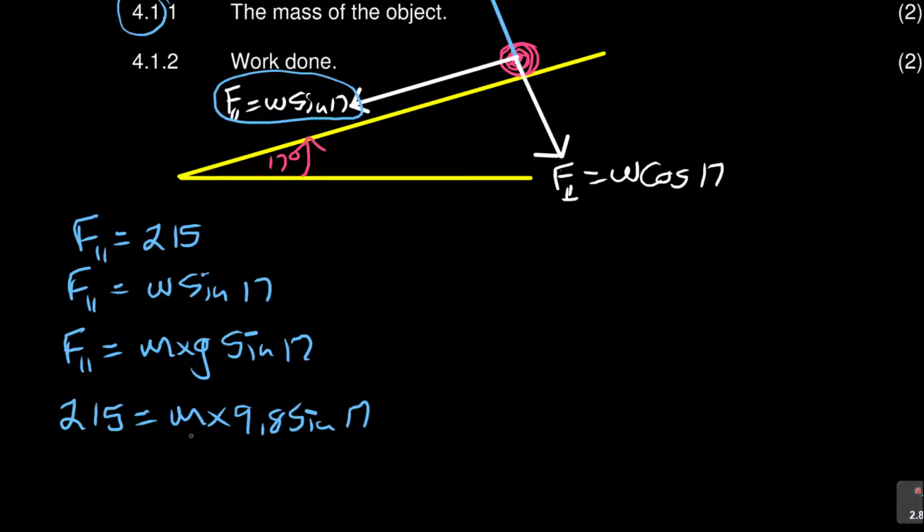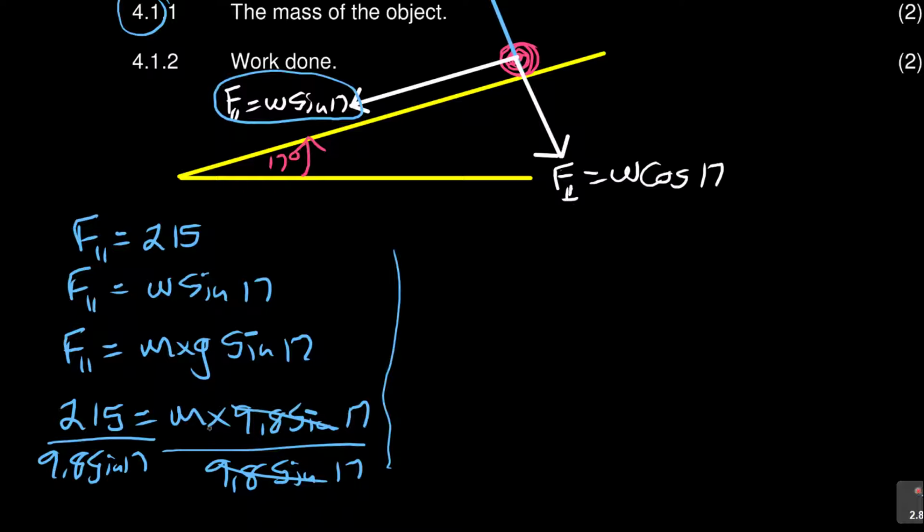And what are we interested in? They want the mass of the object. So divide by what you don't want. 9,8 sine 17, left hand side, right hand side, so that you can now find what? The mass of the object.